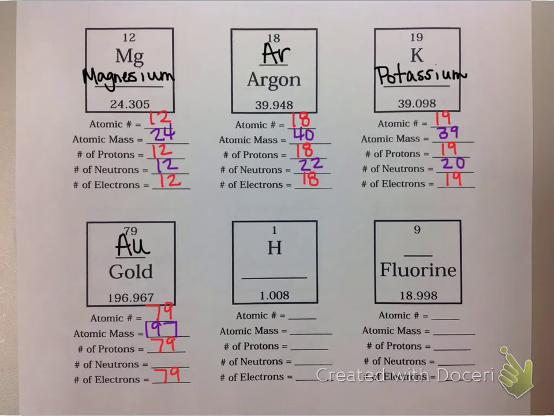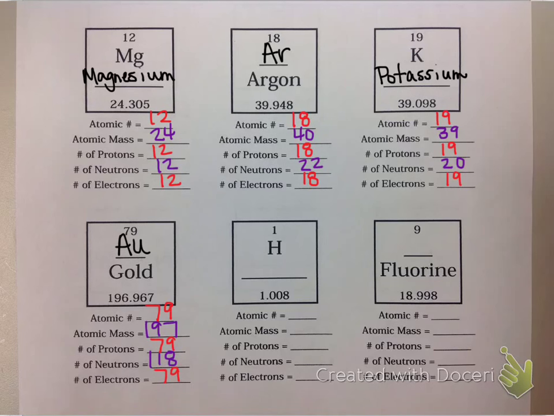So if I have 197 things in my nucleus, I'm going to take 197 and subtract 79, because 79 of those are protons, and you're going to get 118. You need to do the math for that one.